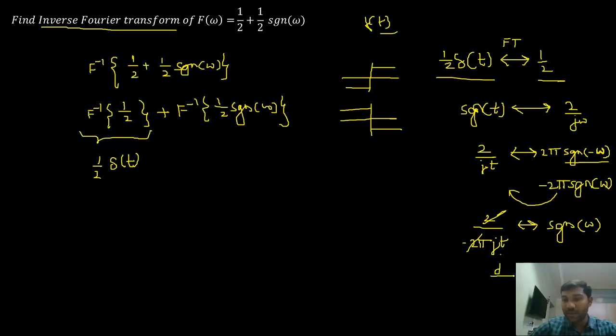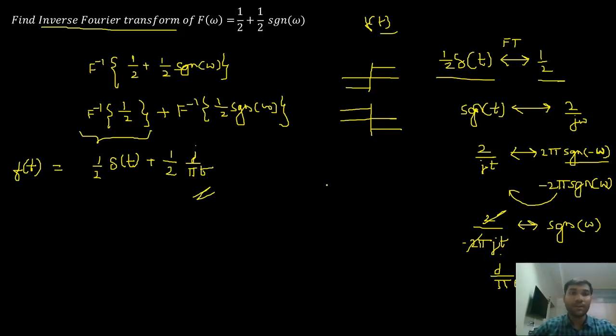I have j by pi t. So the same thing I'll write here. I have a half coefficient here, so that comes like that, into j by pi t, right? So this is my inverse Fourier transform, that is f of t.